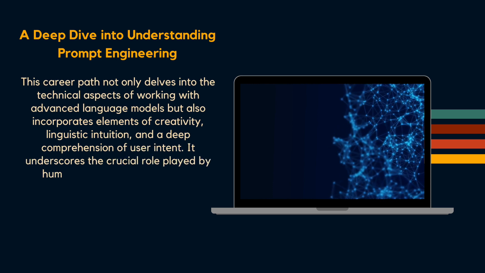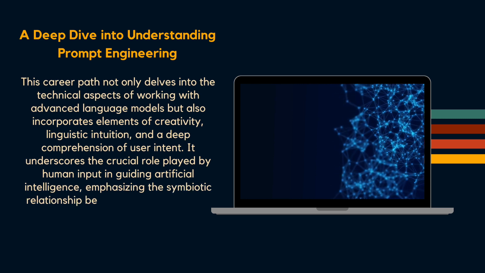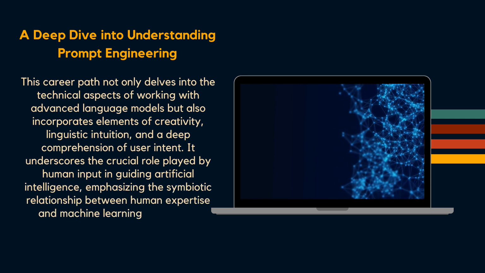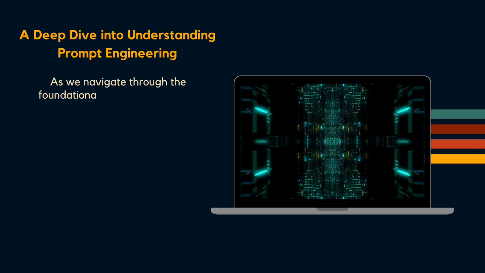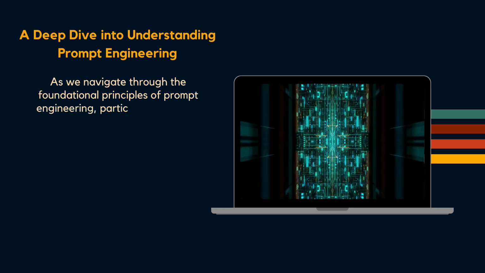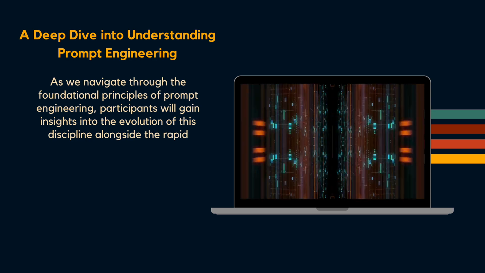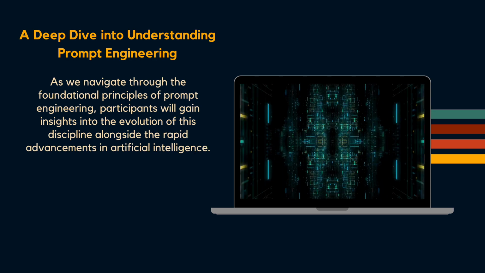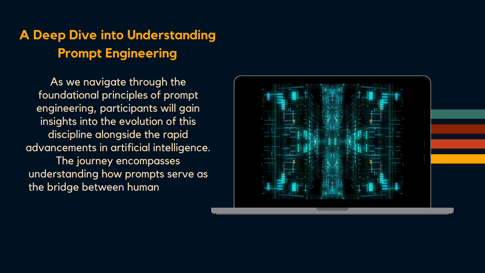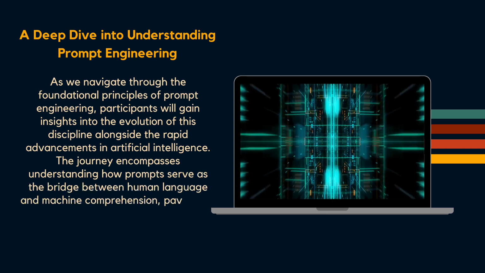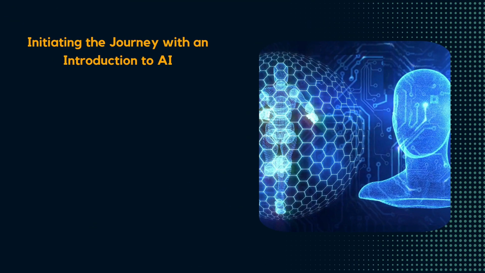It underscores the crucial role played by human input in guiding artificial intelligence, emphasizing the symbiotic relationship between human expertise and machine learning algorithms. As we navigate through the foundational principles of prompt engineering, participants will gain insights into the evolution of the discipline alongside the rapid advancements in artificial intelligence. The journey encompasses understanding how prompts serve as the bridge between human language and machine comprehension, paving the way for effective communication and collaboration.